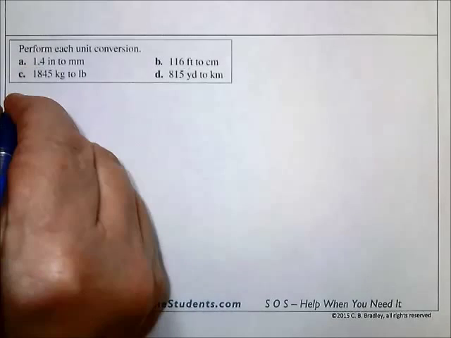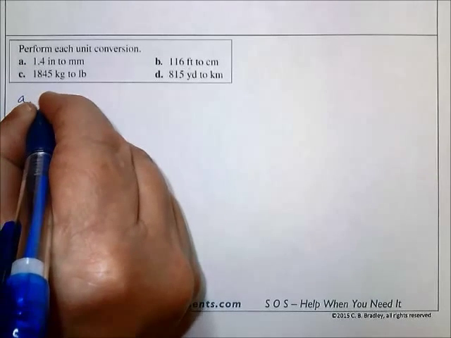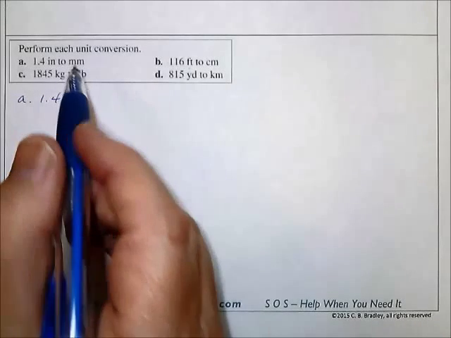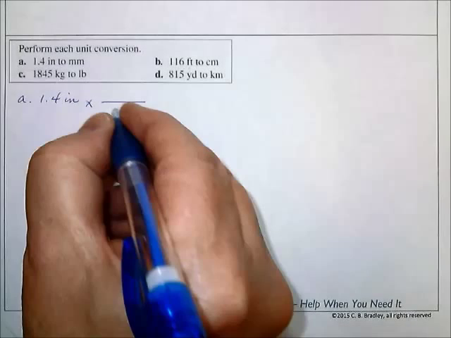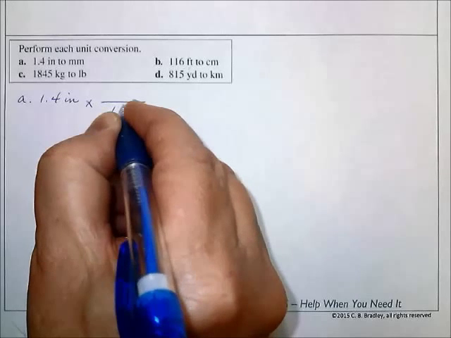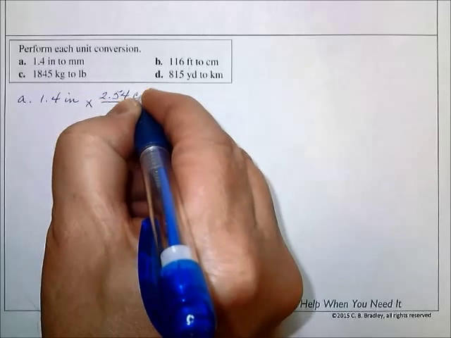A, 1.4 inches. And we're going to millimeters. Our definition, 1 inch is 2.54 centimeters.